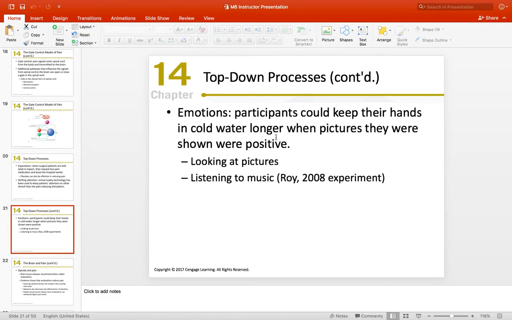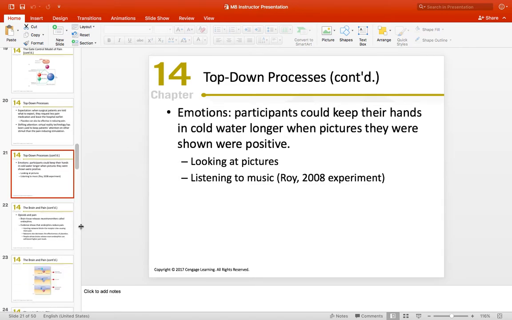At least that's the theory. Versus the opposite, of course, is in these studies having subjects look at images that are particularly negative, in other words, inducing maybe more of a depressed mood. You tend to have an increased sensitivity to pain. And that's interesting. And music might have this effect on helping induce positive mood, which means that you can handle more pain, which is sort of interesting. So, once again, those top-down processes are interesting to consider.